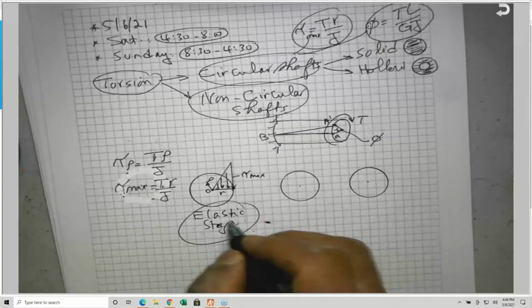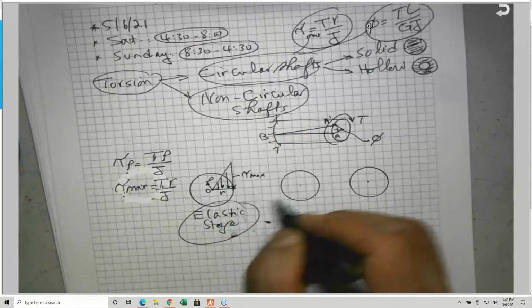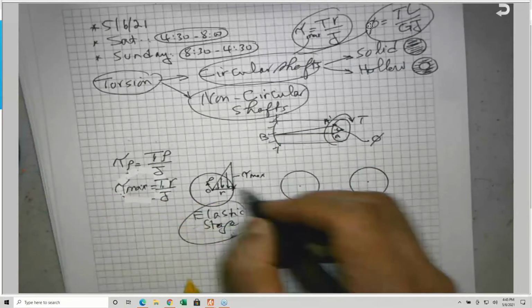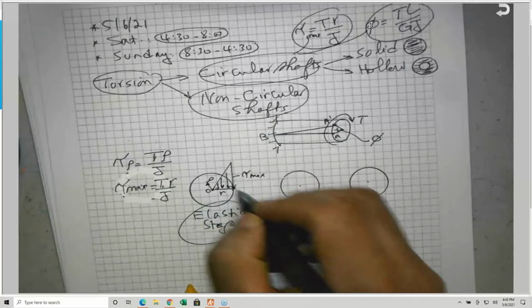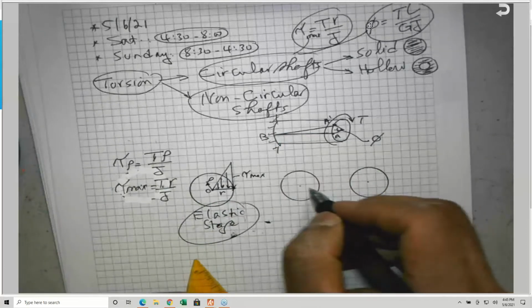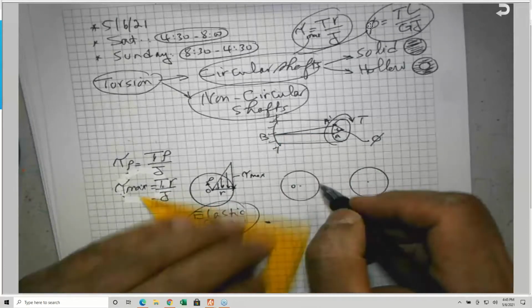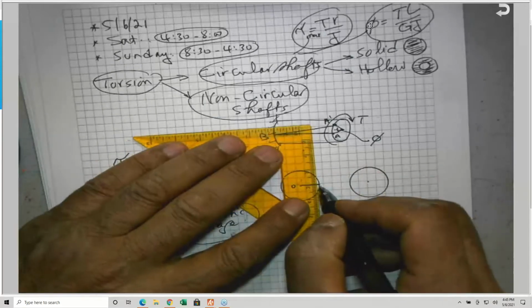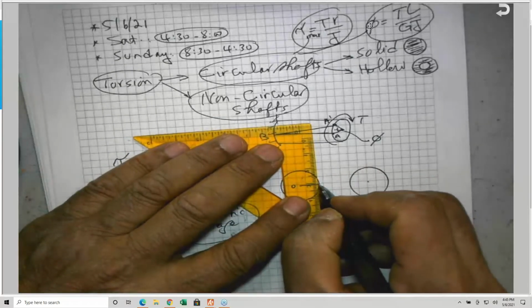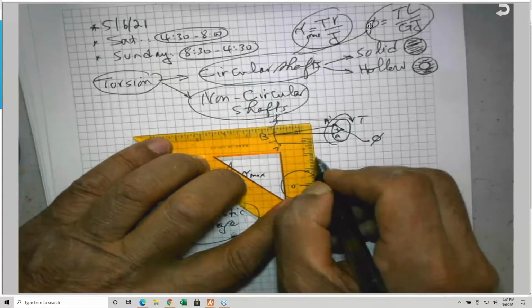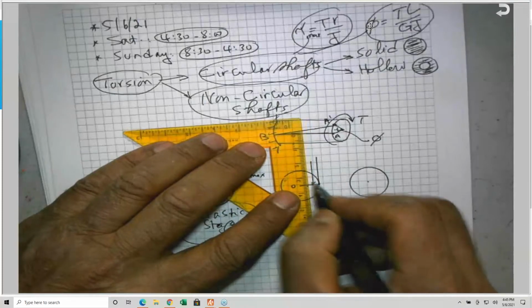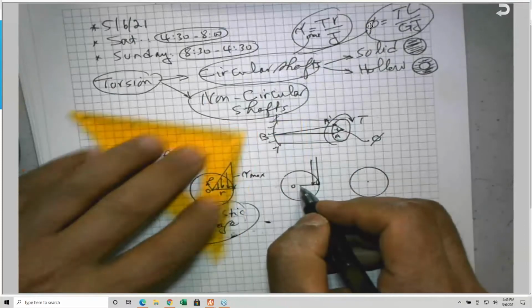So if this is within the elastic stage, and you keep twisting the shaft and it goes beyond the elastic, what is happening? The outer fibers already have the tau max, so the outer fibers cannot take any additional stress. So the shear stress is going to transfer to the inner fibers, and they will start to carry it.